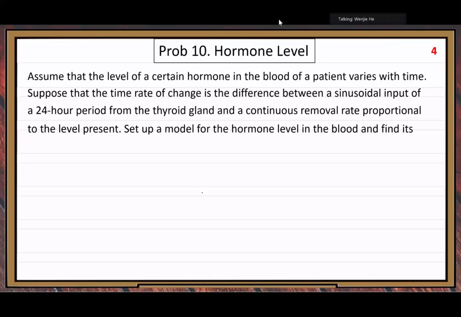So based on this word, the function shape should be the same as the sine function, but the location could change. This sinusoidal input gives you just the shape of the function, the sine function. But there is a location factor, right? The location factor is unknown here.